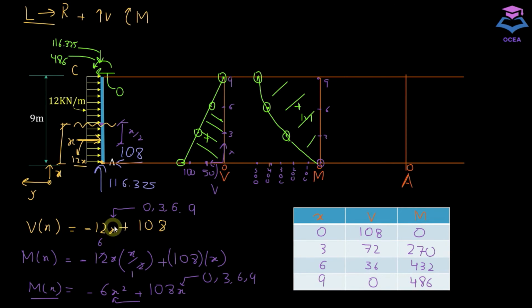Also observe that the maximum power of x in the shear equation is equal to 1, so this is a linear function. In the case of the moment equation, the maximum power of x is equal to 2, which tells us that this function is a quadratic function.